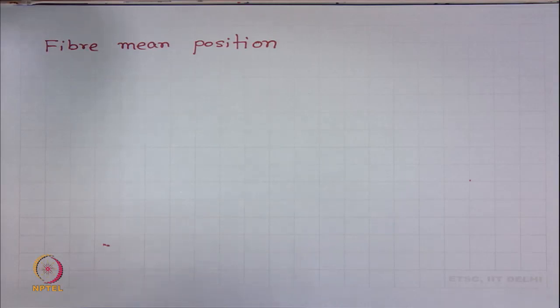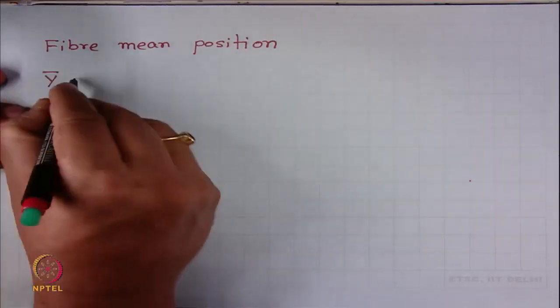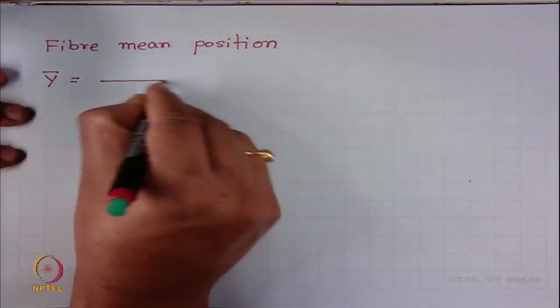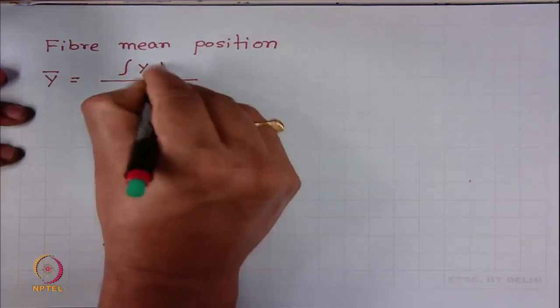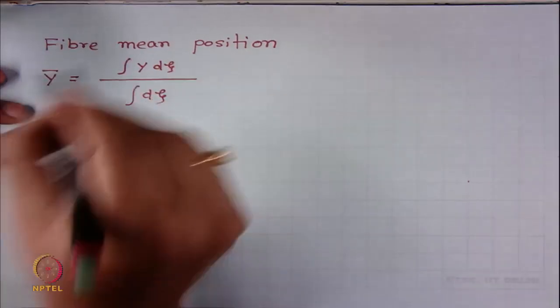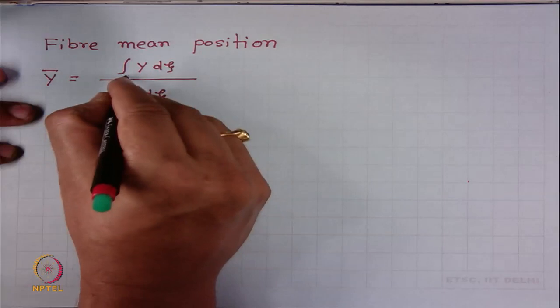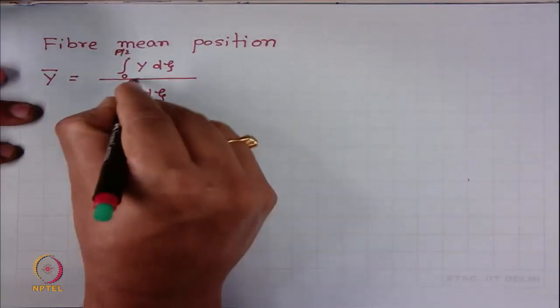Fiber mean position is defined by y bar is equal to the integral of y times d zeta divided by the integral of d zeta. This is 0 to p by 2, this is 0 to p by 2.